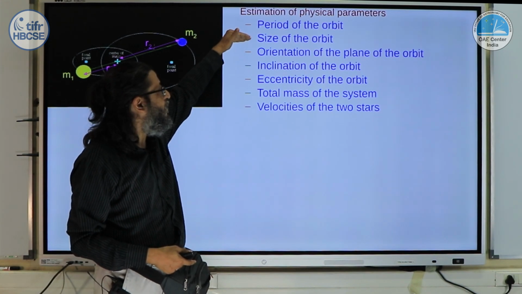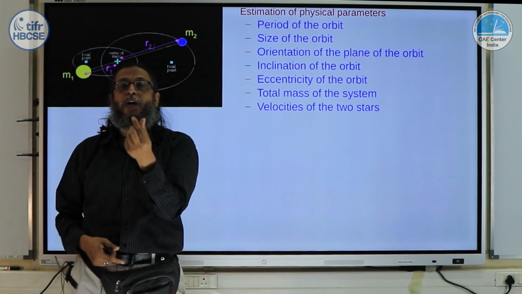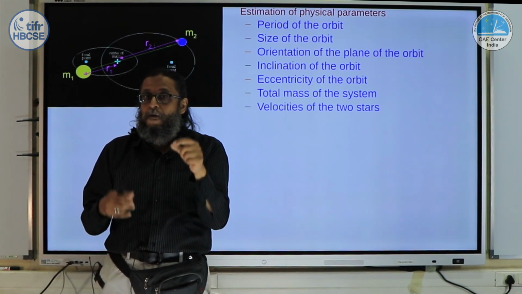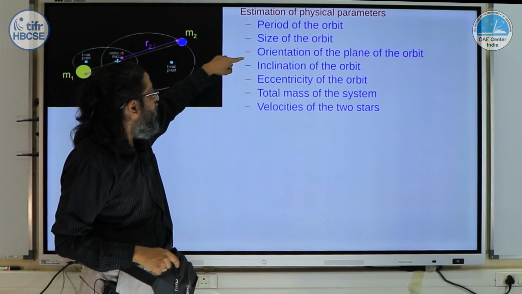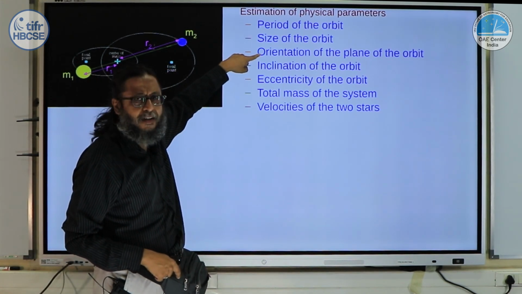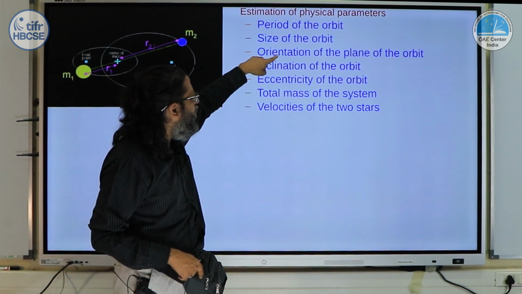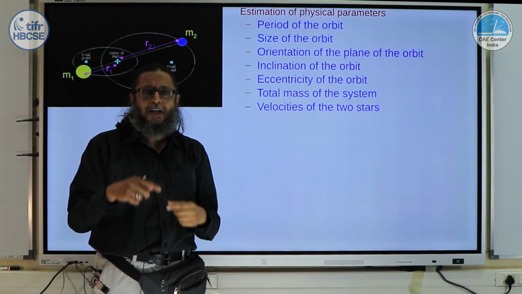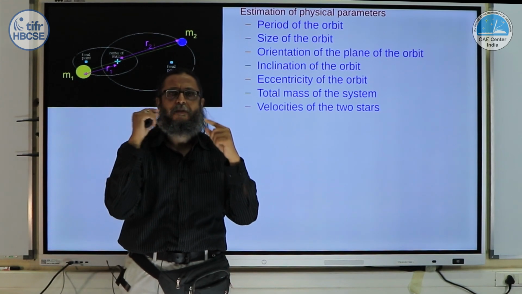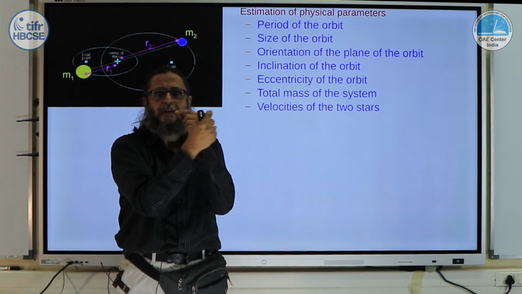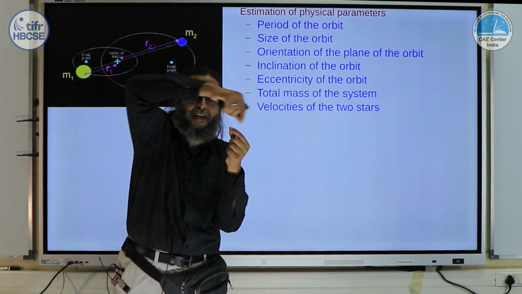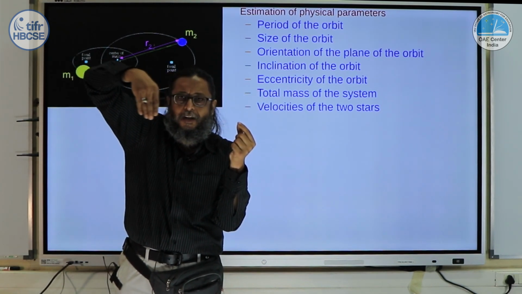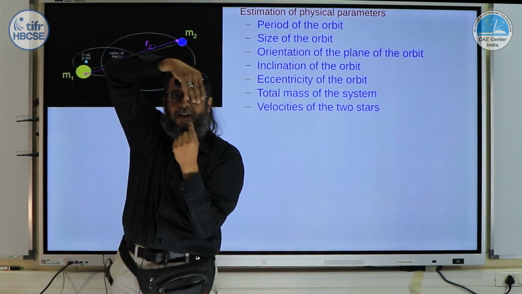And of course, this is essential if we are talking about a visual binary system, where you can spatially resolve both the masses. Then it is extremely important that we understand the orientation of the plane of the orbit. It might happen that you have an ellipse with a focus here, and the object is moving like this. The semi-major axis is along this direction and you are in that direction.